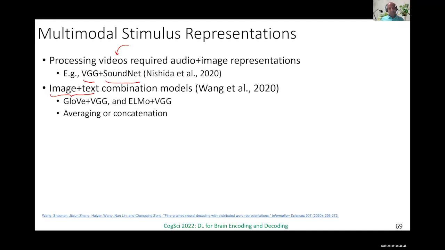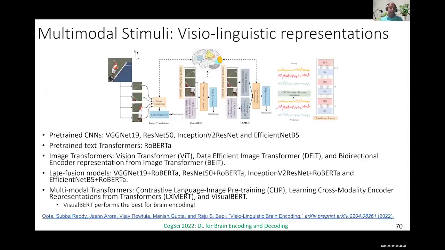You could also average or concatenate some of these representations. You could have a GloVe and an ELMo representation and concatenate them as a text representation. Of course, you could have a VGG representation or other representations for images. And finally, to come up with a multimodal representation, you could take the text and the visual representation and concatenate them as well.